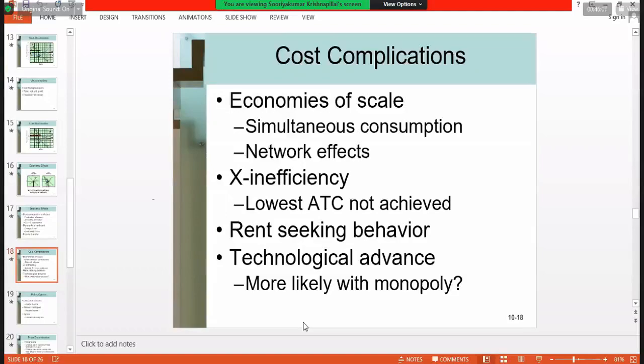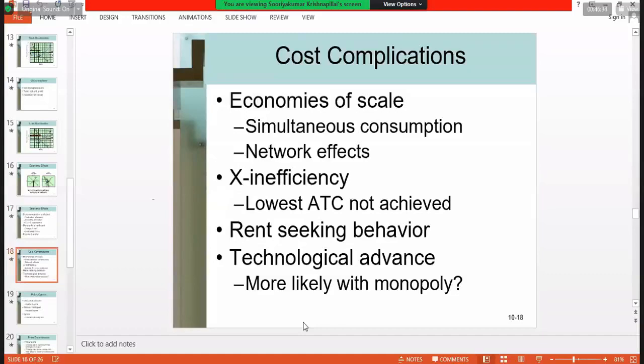So the company is owned by several shareholders, and he is the CEO or something. So there is no pressure for him to work hard and produce at the lowest cost and increase the profit for the shareholders. But he is the manager, so he doesn't want to work very hard.